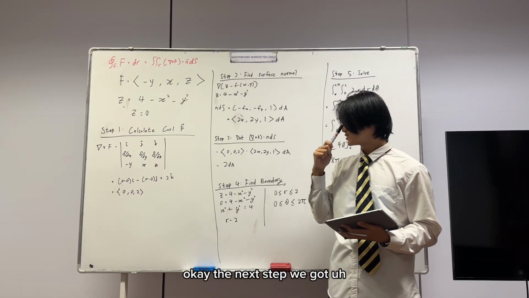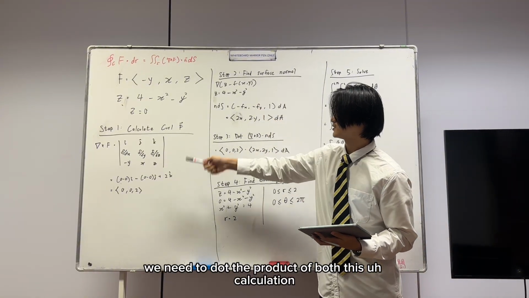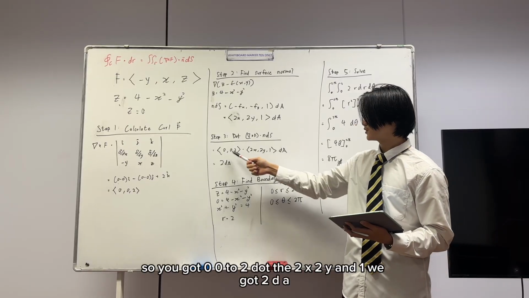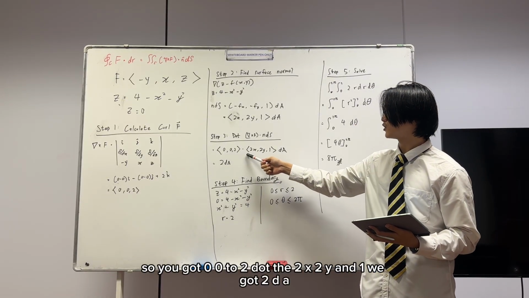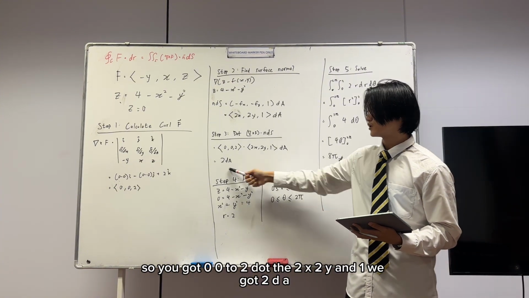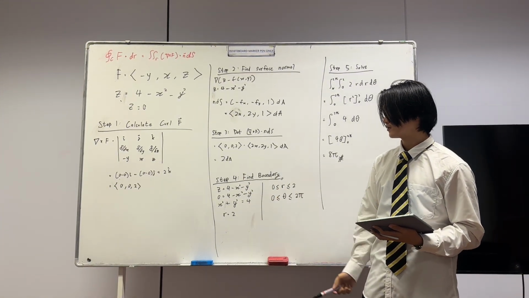Okay, the next step, we need to take the dot product of both these calculations. So you get 0, 0, 2 dot 2x, 2y and 1. We get 2 here.